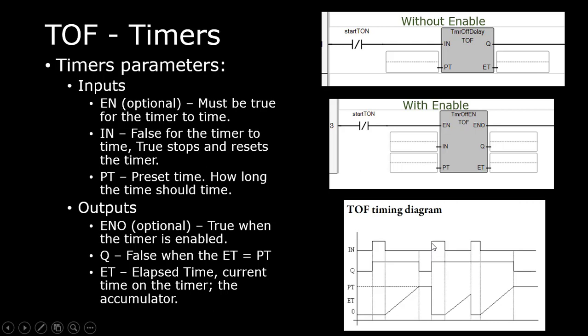When the input goes true, the timer will reset. After this time, if the input goes true, the timer will reset even if it's not finished timing. So they work exactly like they did in the Studio 5000.